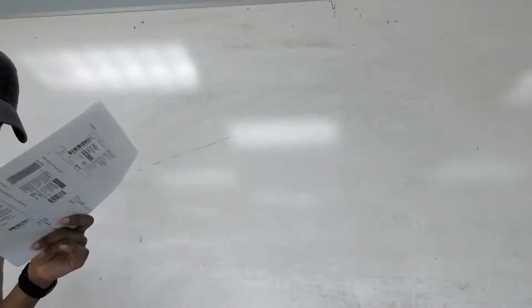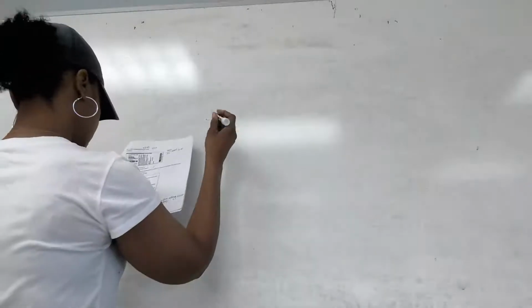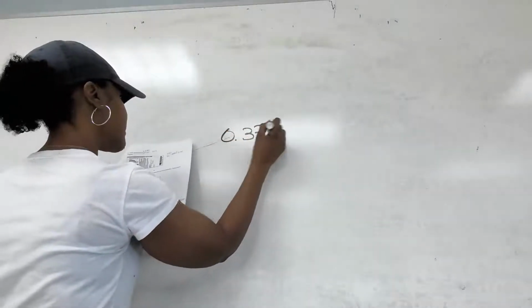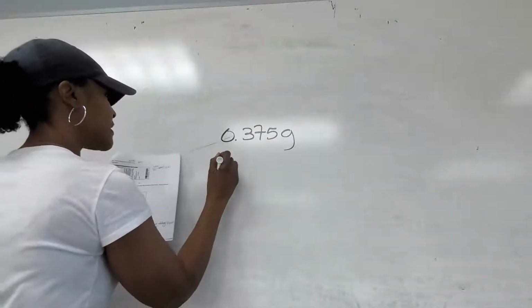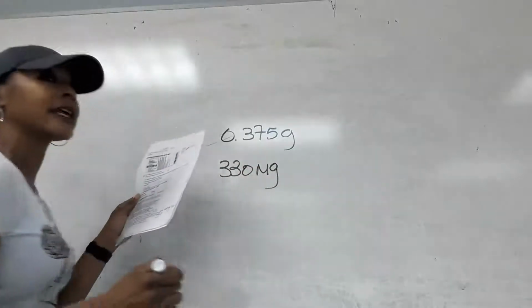D, what are the directions for use? IM or IV use? How many milliliters will you administer? So the doctor ordered 0.375 grams. What you have available is 330 milligrams per milliliter, the new dosage on the label.